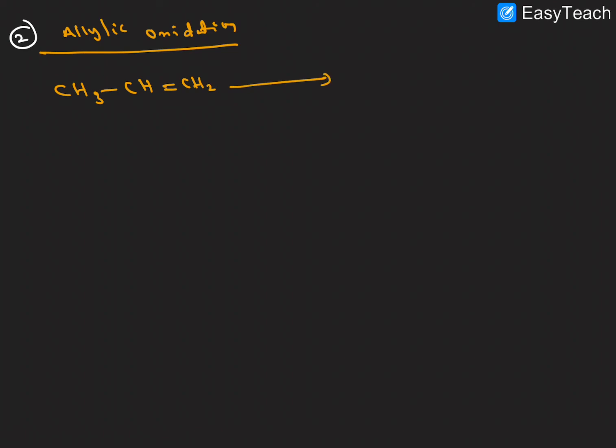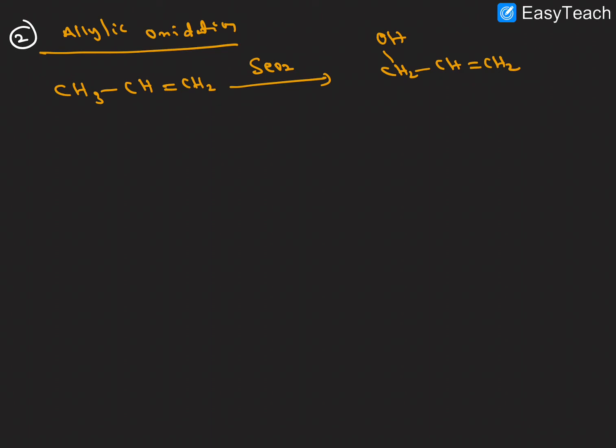Next one, second part here, that is allylic oxidation. For example, using CH3, CH double bond and CH2 with selenium dioxide. With selenium dioxide, at the alpha position an OH group comes, and CH and CH2 is forming, right?